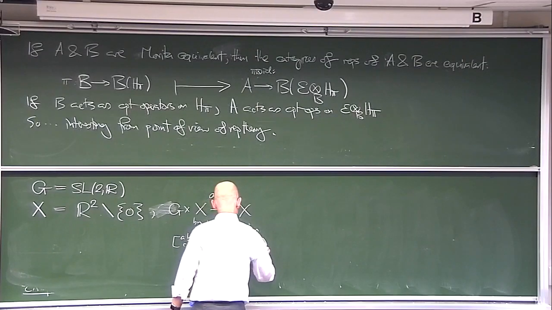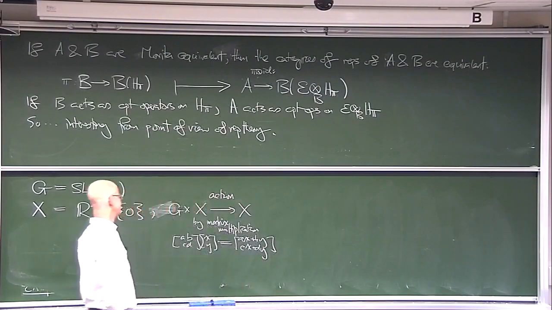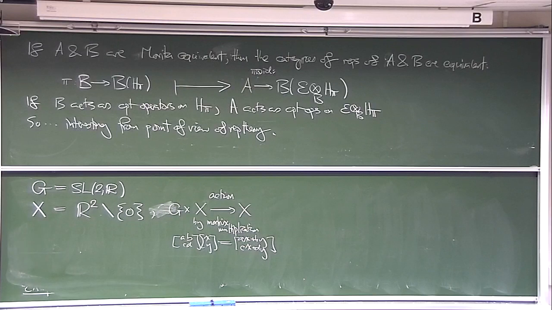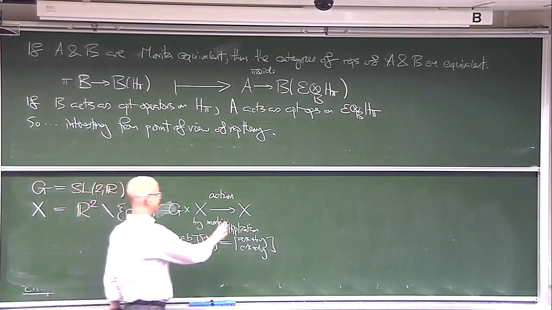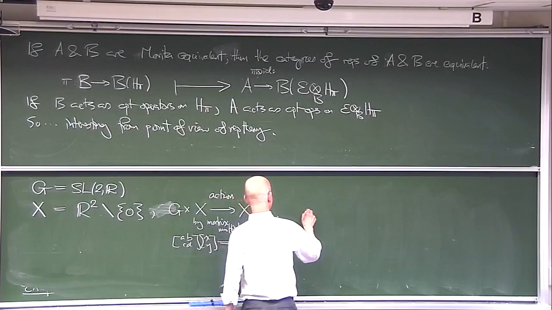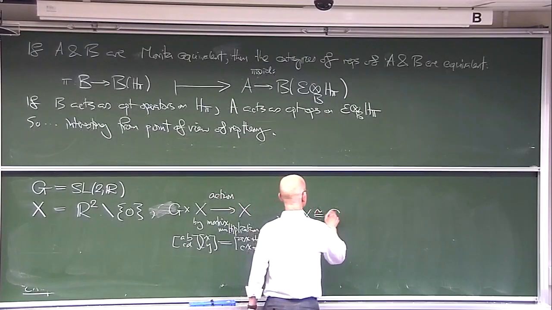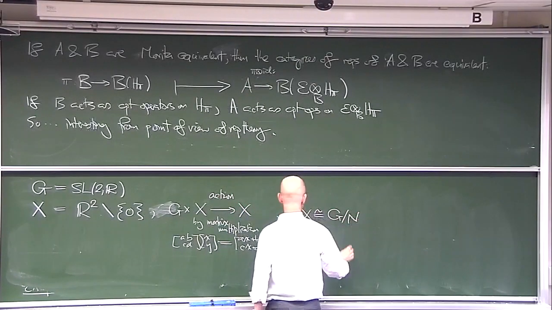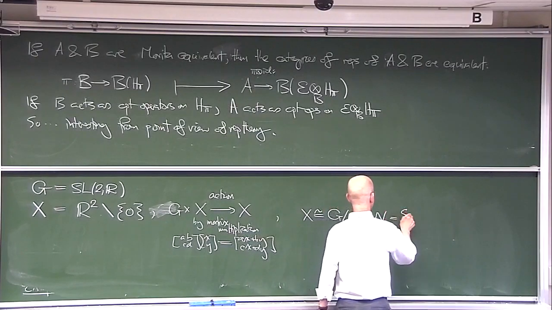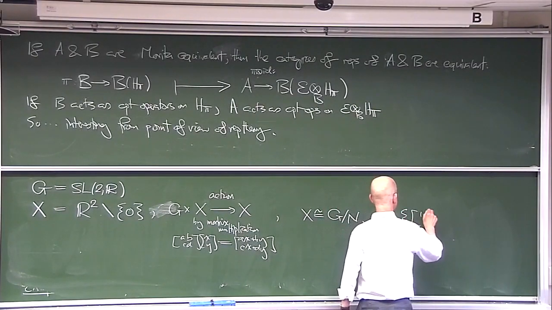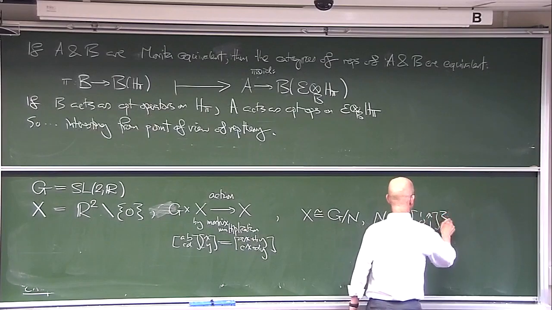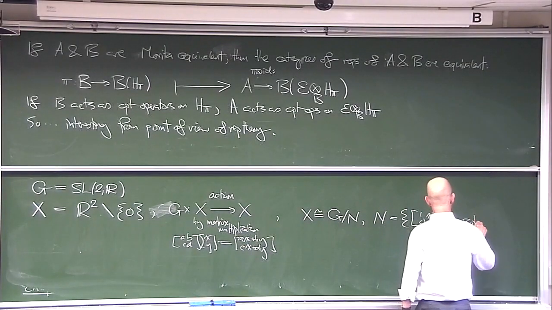Nothing fancy. In this way, X just becomes G modulo N. And this subgroup is just the isotropy group.